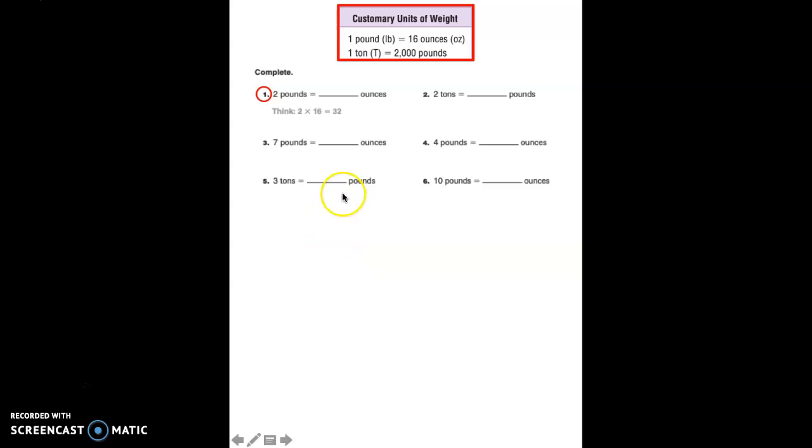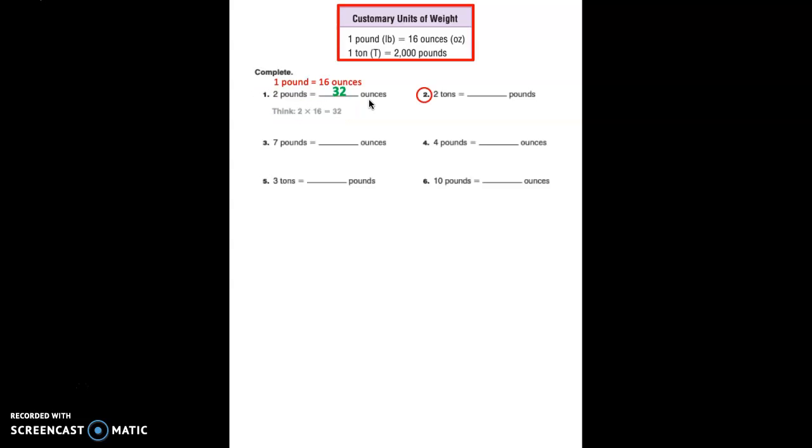Number 1. 2 pounds equals blank ounces. I know 1 pound equals 16 ounces. So think, 2 times 16 equals 32. So 2 pounds equals 32 ounces.